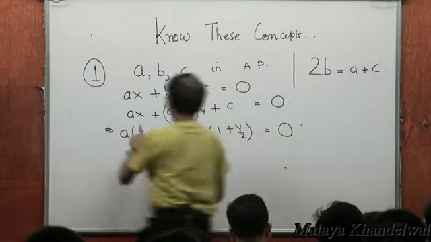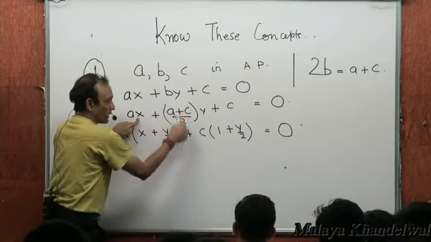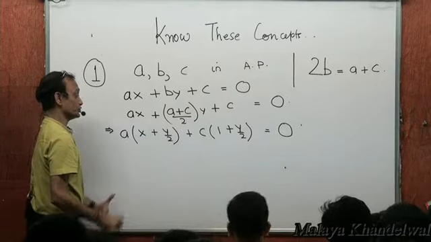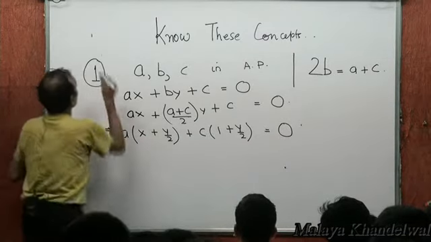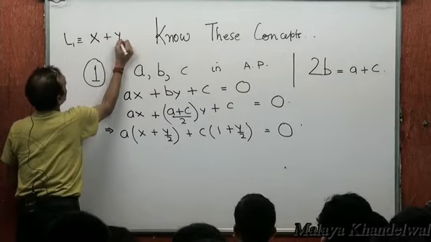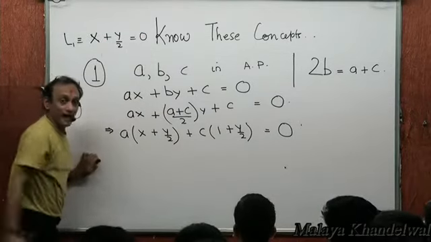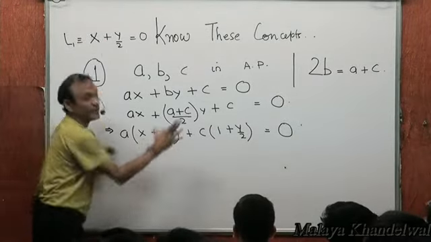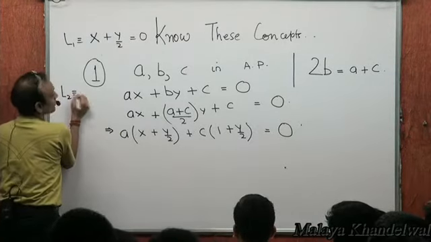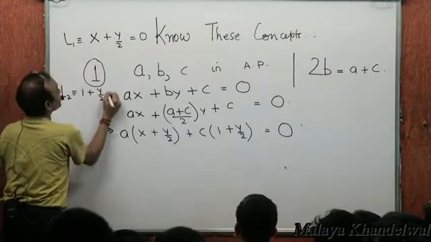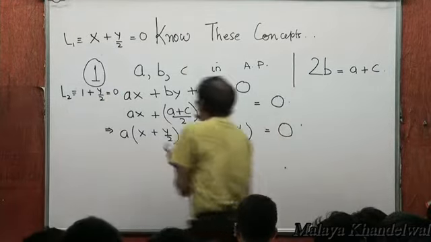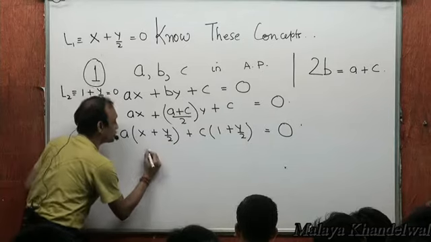Now, do you realize that x plus y by 2 equal to 0 is a straight line? This is a linear expression. When equated to 0, it's going to give me a straight line. L2, which is 1 plus y by 2 equal to 0, is also a straight line, y equal to minus 2. Do you realize this then is a linear combination of two lines?